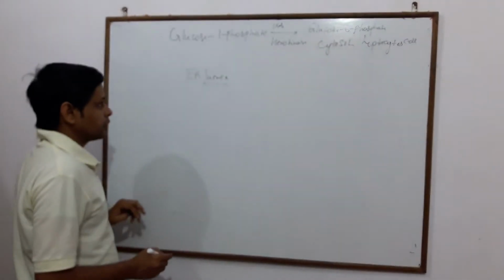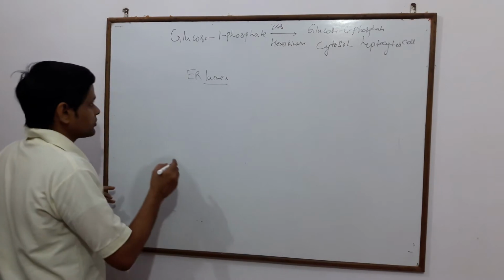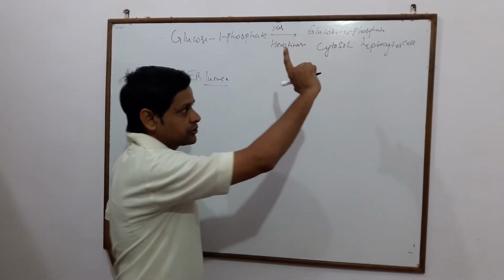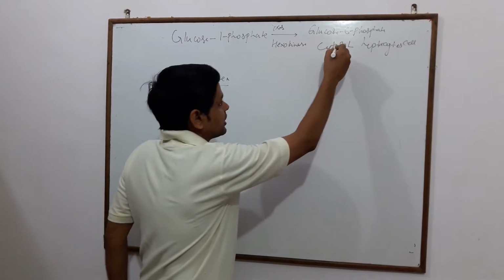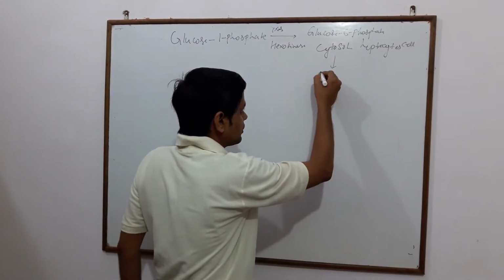When we look at this mechanism, this glucose 6-phosphate is available in the cytosol. It comes into the ER lumen. How?